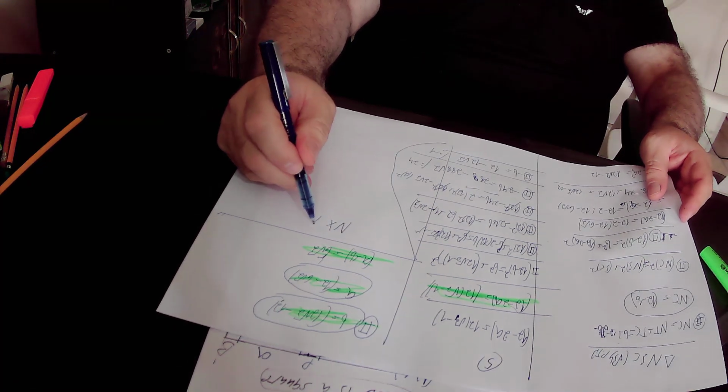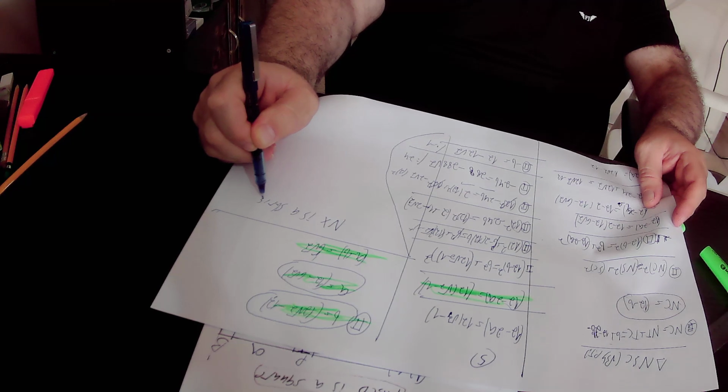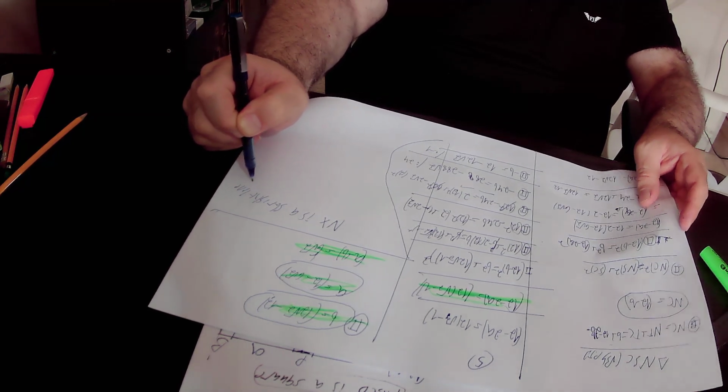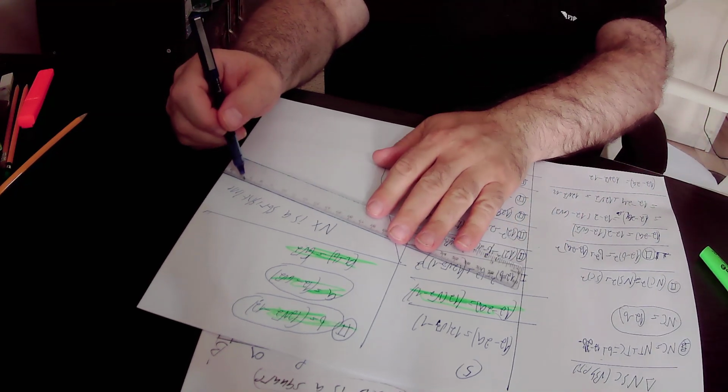I'll repeat again. When you extend a straight line by a straight line, the result must be a straight line.